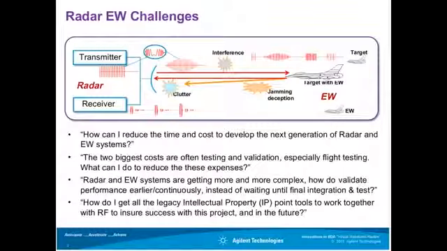What I call continuous validation or verification. What do we do if I have multiple radars and also jammers plus interference all applying to our system at the same time? And how can I reduce the cost of flight testing, which is one of the big costs associated with testing of radar systems?